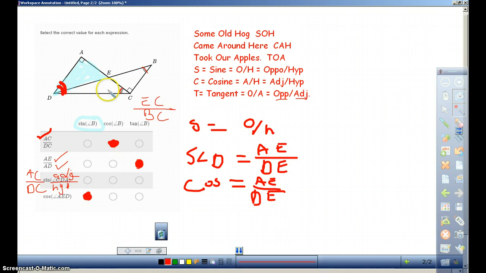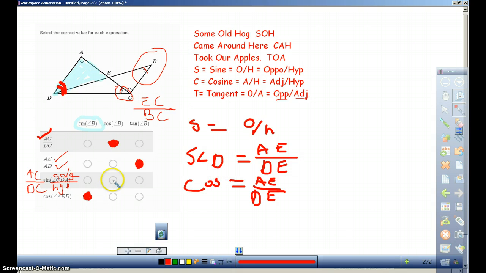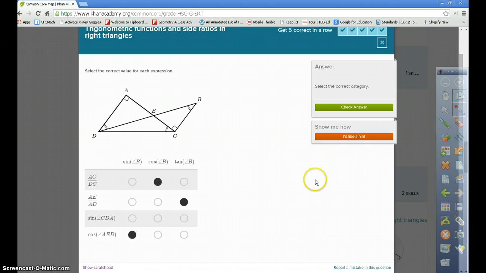So this one is the same ratio, given the sine of this is equal to the cosine of that. So it's going to be equal to the cosine of angle B. So this one gets answered right here as the cosine of angle B. It's another way of writing the cosine of angle B. And that's how that's done.